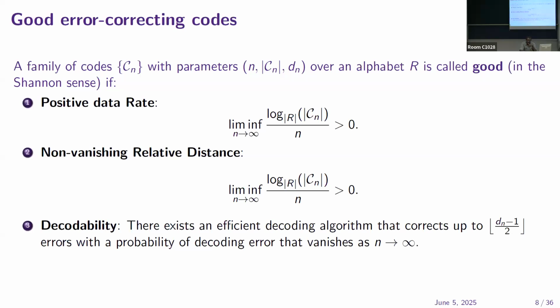Finally, decodability: there exists an efficient decoding algorithm that corrects up to (Dn-1)/2 errors with a probability of decoding error that vanishes as n becomes large.